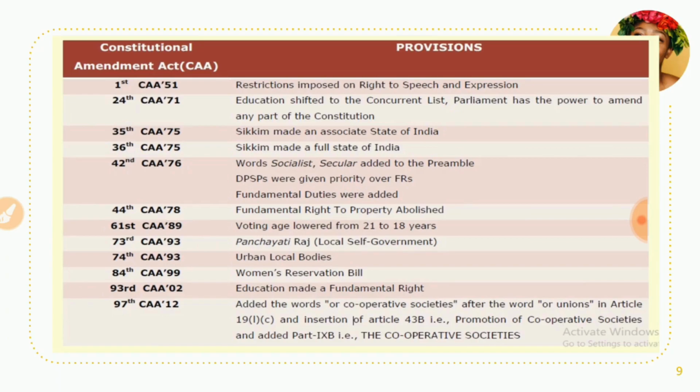The last one, the 97th, in 2012, is about cooperative societies: after the word union in Article 19(1)(c), the insertion of Article 43(b), the promotion of cooperative societies, and the addition of part 9(b), the cooperative societies. Cooperative societies are like self-help groups for the development and welfare of rural India. These are the main Constitutional Amendment Acts that are important for our exams. Just make your own notes associated with these amendments.